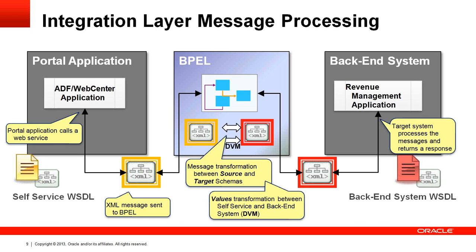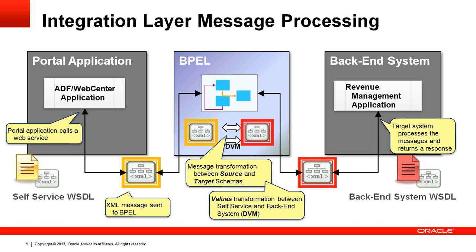So the yellow will become red, and the red message will now go to the backend system and be processed there. One more thing that happens at the BPEL layer is the transformation of values as needed between the portal application and the backend system. That's done through the DVM tables that we mentioned in the previous slide.